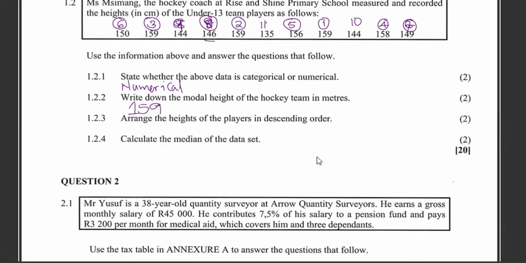That's what we are supposed to do. So we are supposed to start with 159. But there are 3 of them, so type them there. Followed by, this is number 3. Number 4, we have 158. Having got that, then we have 156. We have 150, 149. 149 appears twice.